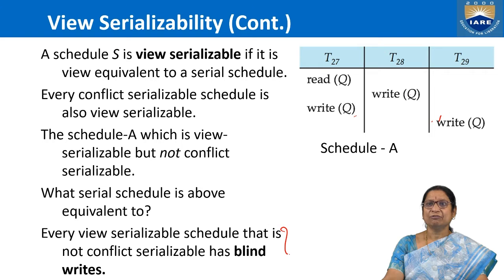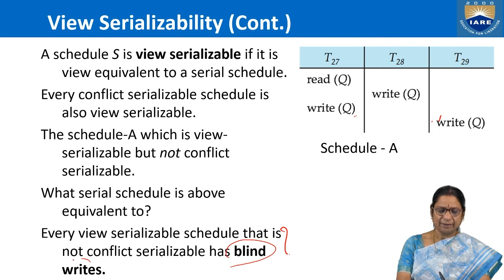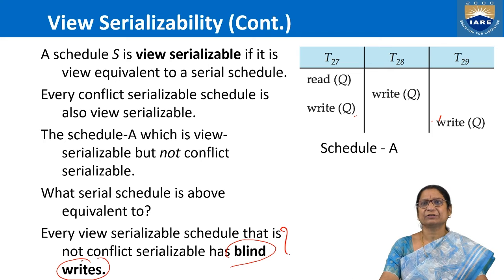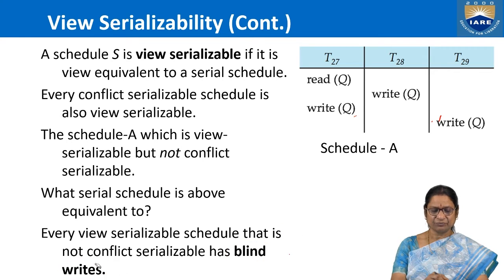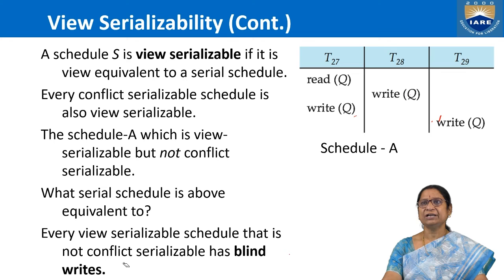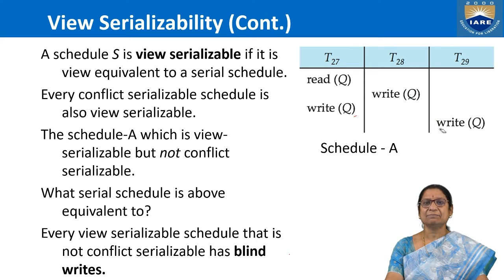Why? Because in such schedules, blind writes will be there. What is a blind write? Blind write means that without reading, we are just writing information, using write operations. Observe that in T28 and T29 there are writes without any read, so we can say it's a blind write.